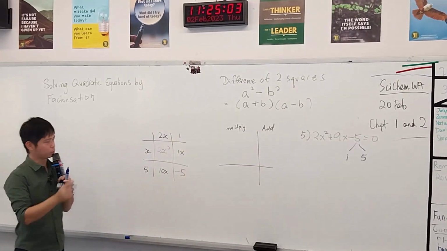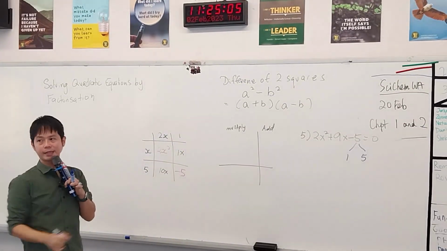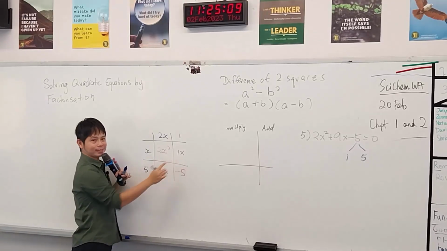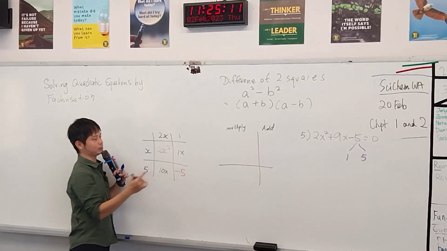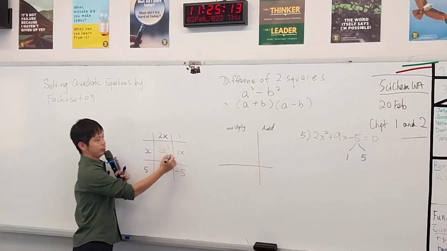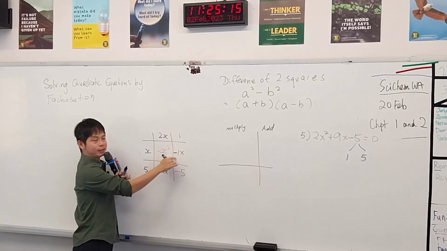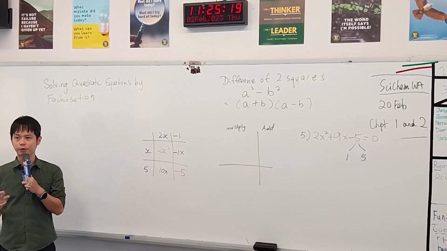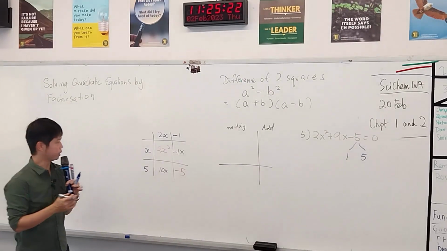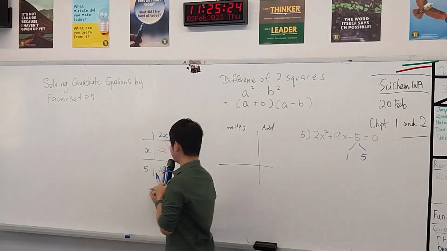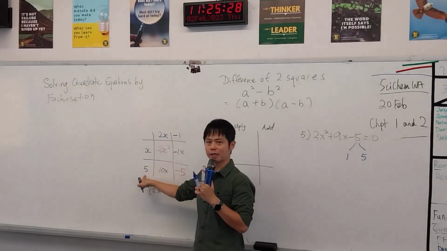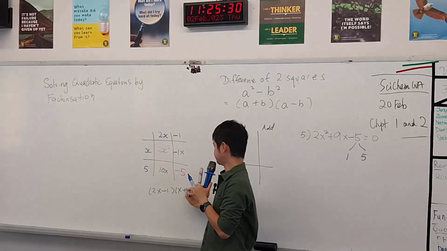Can 10x and 1x give 9x? Yes, you must put a minus here, so if this is minus, this must be minus. That's how you settle the negative sign, last. So our answer will be 2x minus 1, x plus 5.